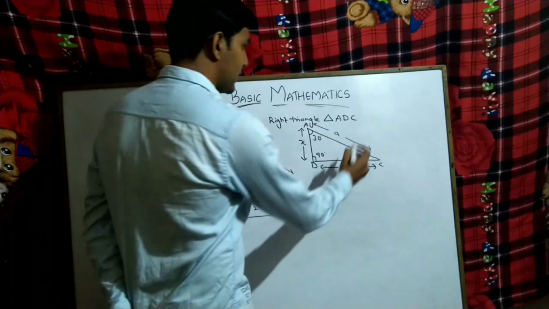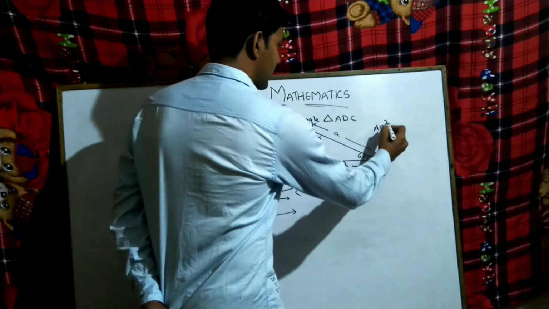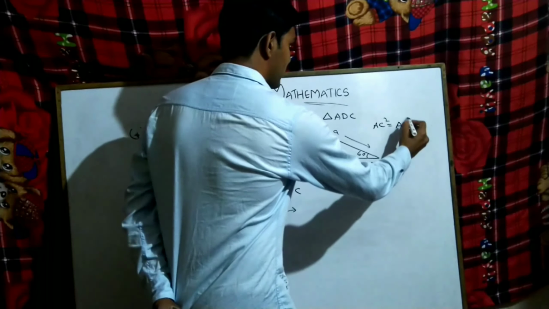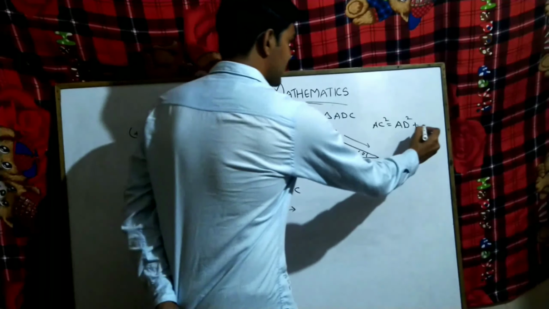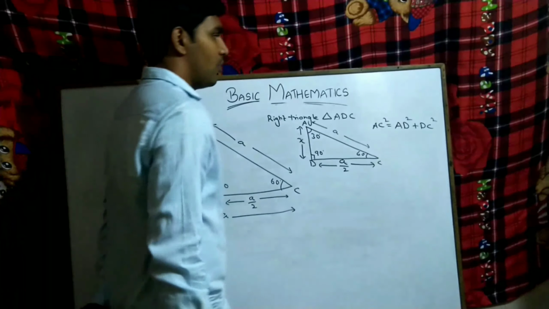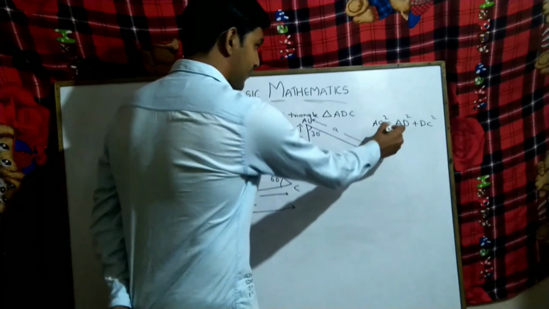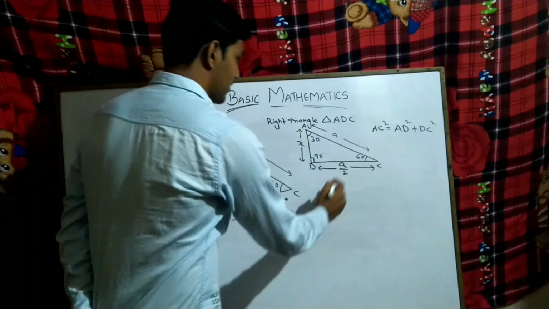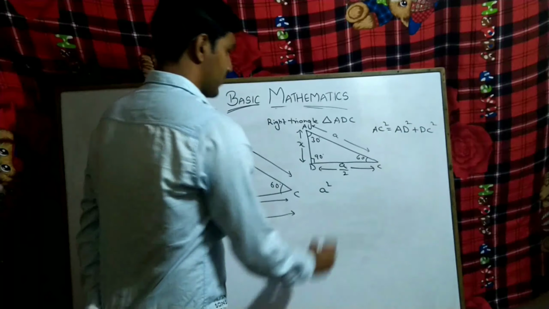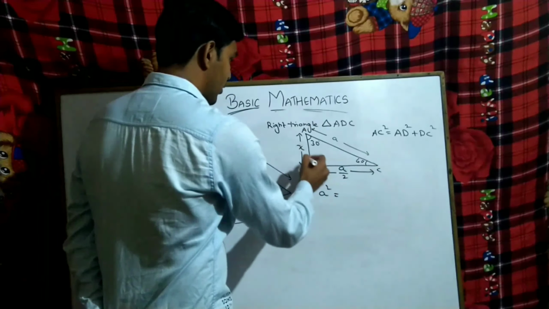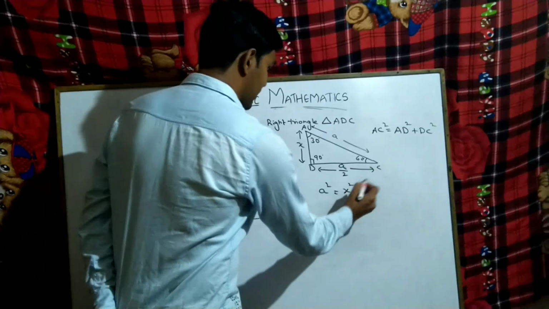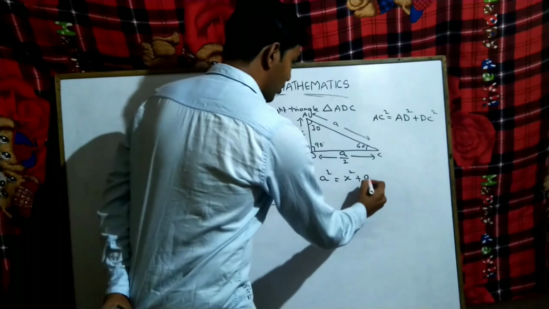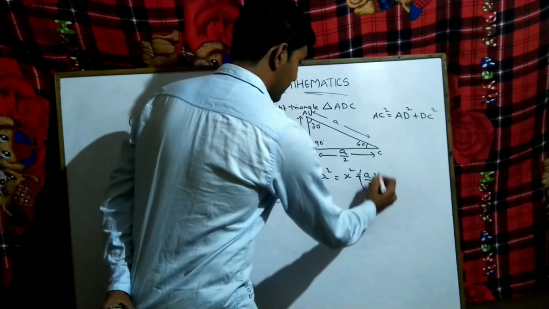The Pythagoras theorem means AC square is equal to AD square plus DC square. Now AC square is A, so A square is equal to AD, which we don't know, so we put x square, plus DC, which is A by 2, whole square.